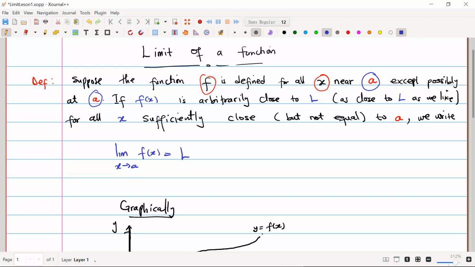So what it means is this. You have your function f, and let's say this is a.